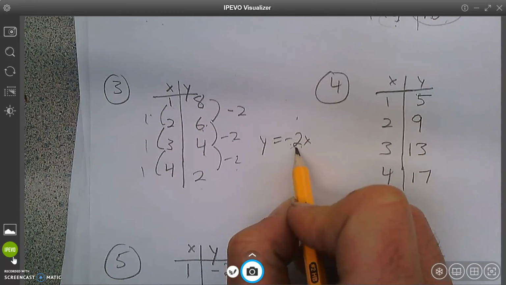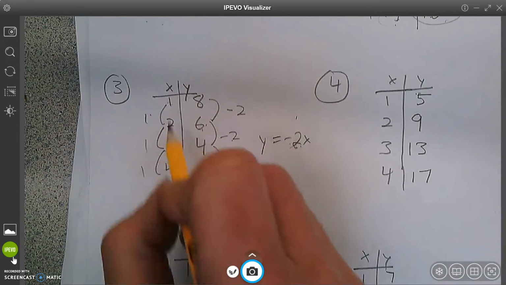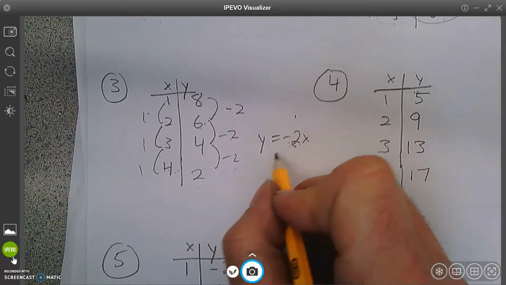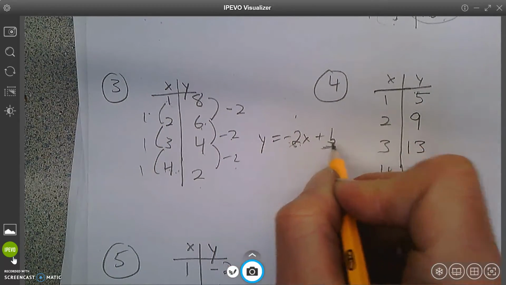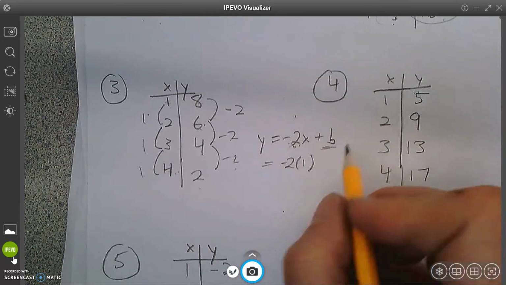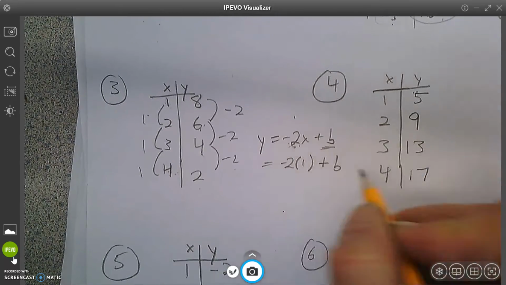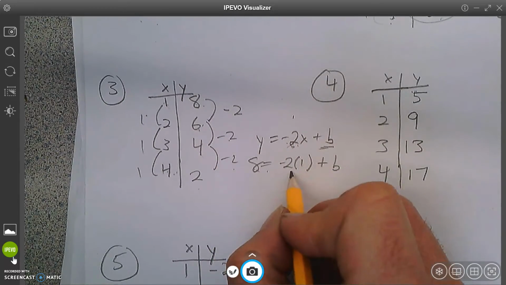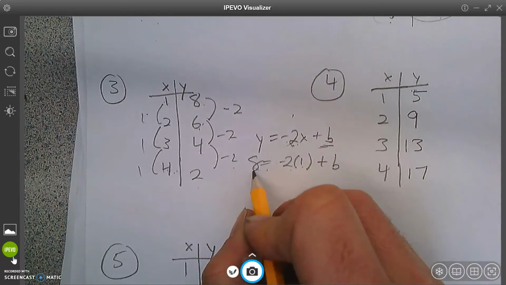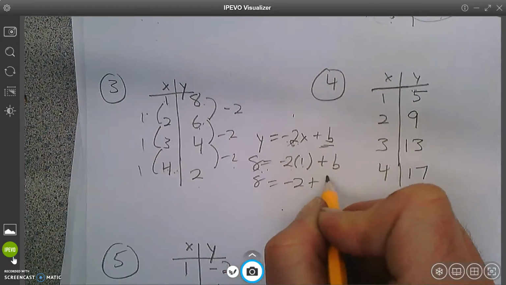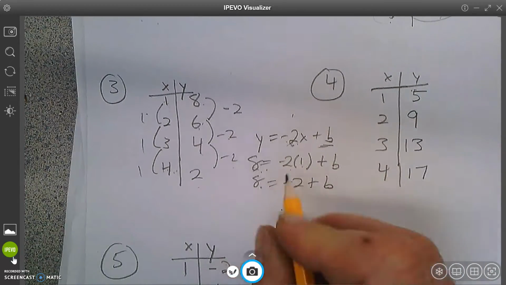When I have a negative number here I'm multiplying, I always like to start up here rather than down here because this usually gets bigger numbers. So plus something. I'm trying to figure out what this is. So negative 2 times 1 plus something is going to equal 8, because that's what I'm trying to get to. So that's negative 2 plus what is 8?